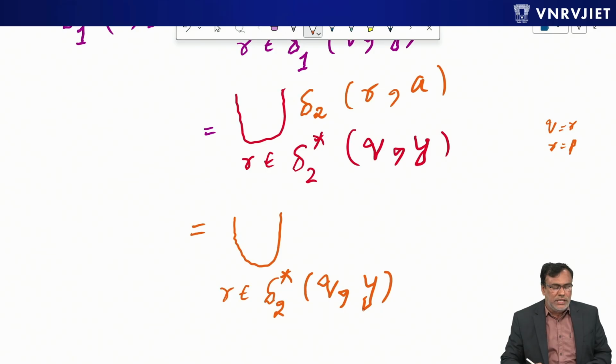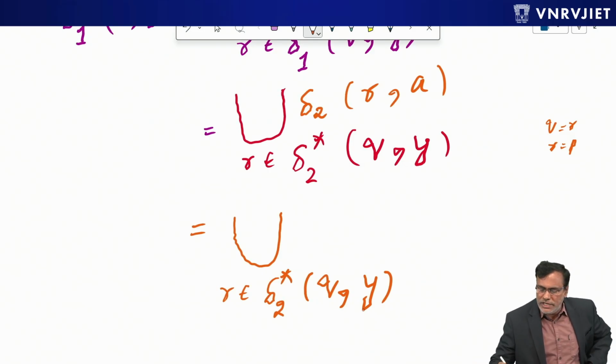Just in place of this delta 2 RA, I have written the formula, that is delta 2 star of QYA. Here Y is epsilon, right? So then what does it become? It becomes this. You can just make a comparison.